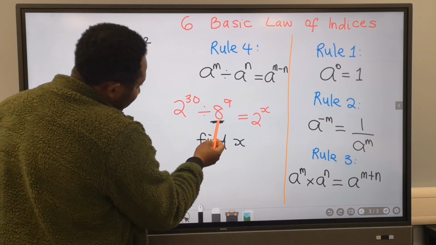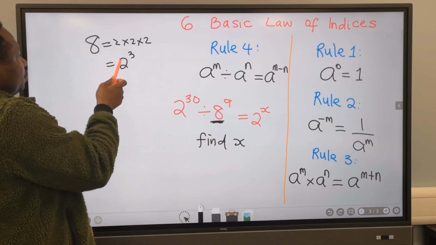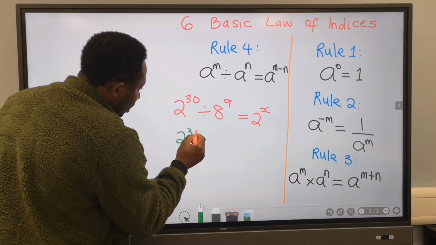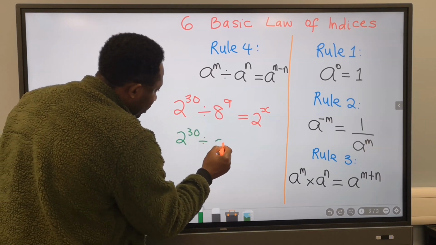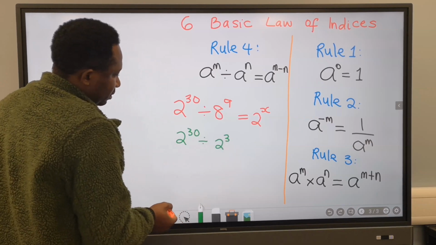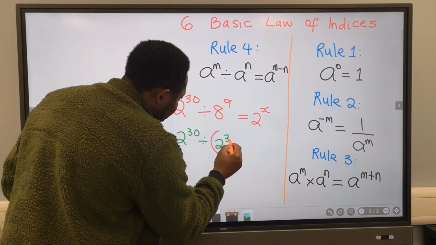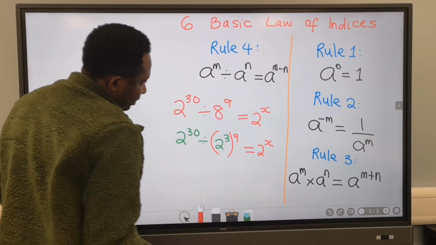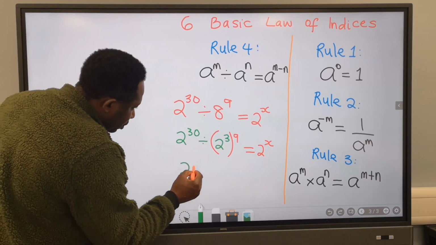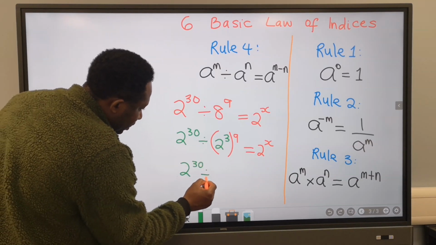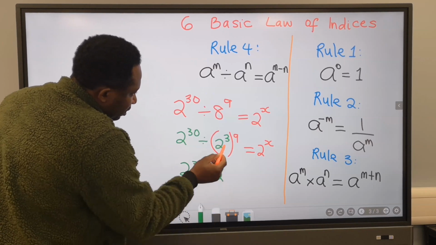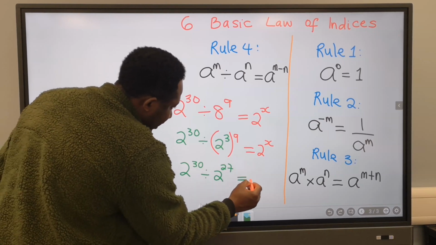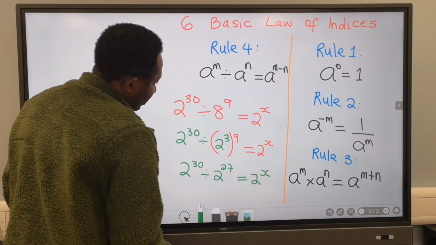Hence, instead of writing this 8, I will write 2 to the power of 3. Hence, I'm going to have 2 to the power of 30 divide 2 to the power of 3. However, there is a 9 outside here. And here we have 2 to the power of x. Next, I will have 2 to the power of 30 divide 2 to the power of 3 times 9, which is 27. And on the other side, I got 2 to the power of x.